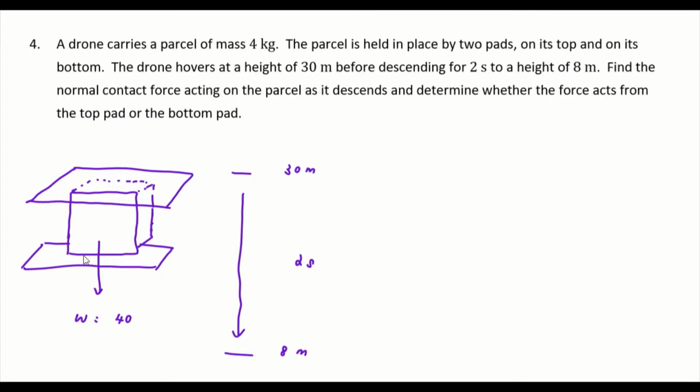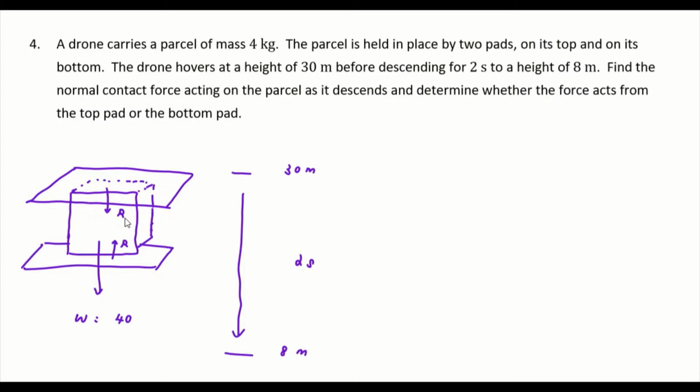So this surface is in touch with the object. You have one normal reaction force from the bottom pad, from here to here. So this is one normal reaction force. Then you have the other one from the top surface onto this object as well. This is your second reaction force.